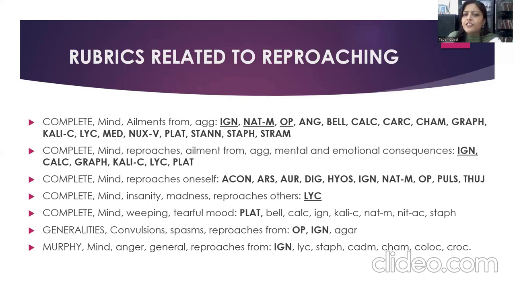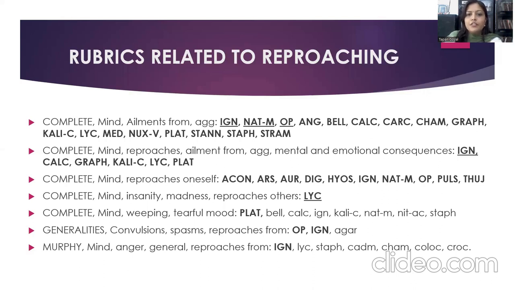In high grade, a single remedy is there, which is Lycopodium. So the first three rubrics are for those sensitive to reproaches: they are getting mental and emotional ailments from reproaches, or have the habit of reproaching themselves. But this rubric, insanity, madness, means the person has the habit of reproaching others. The single remedy Lycopodium is there.